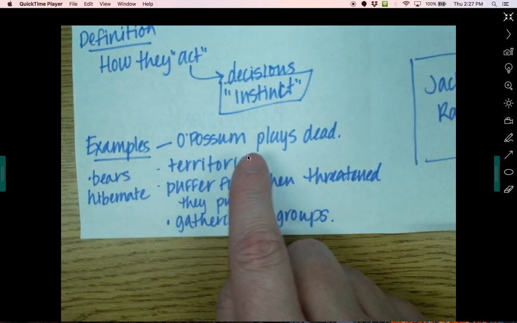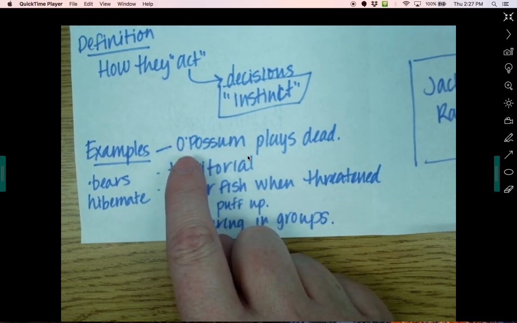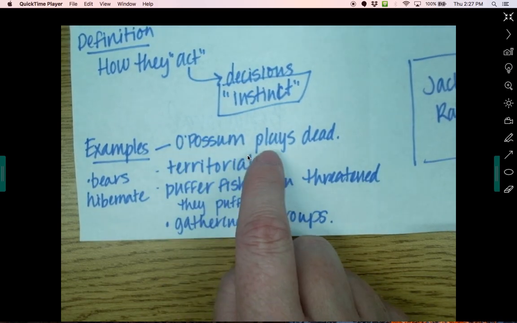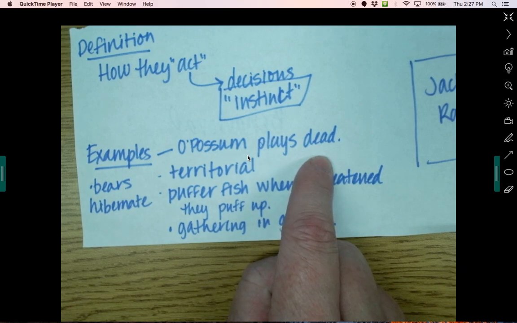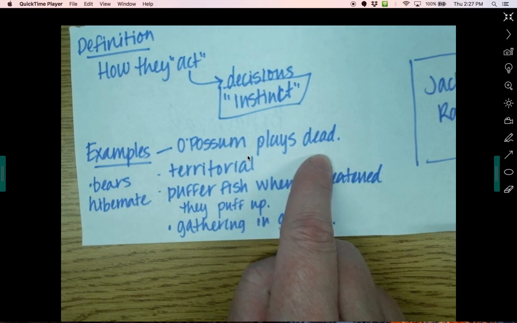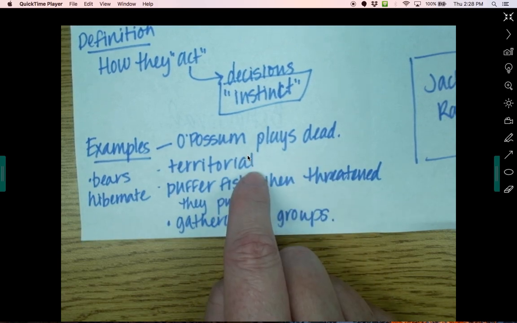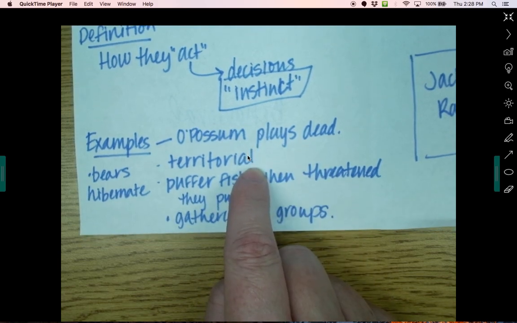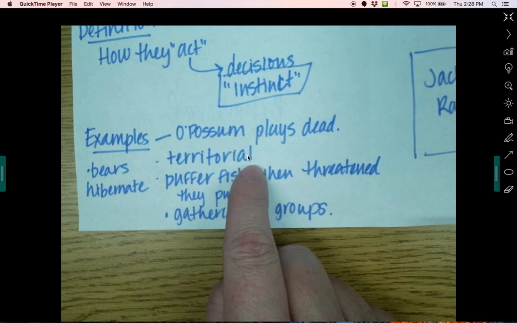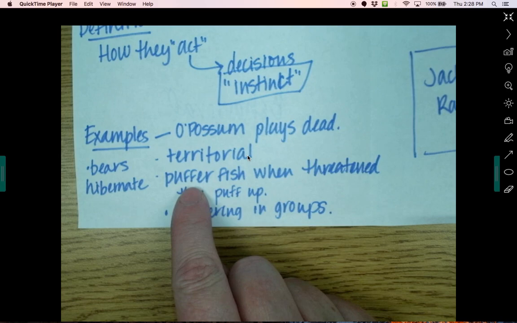So examples: the possum, or the opossum as it's actually called, that plays dead. That's a behavioral adaptation. Obviously, it's helped them survive because things think they're dead. Territorialness of animals: hey, don't come into my space, this is my food, my area to collect food. The puffer fish is different.